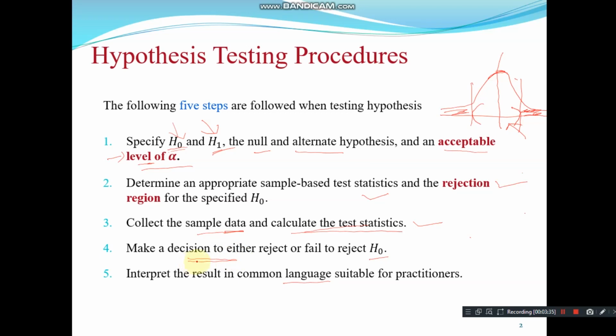Next we make a decision regarding the obtained value, accordingly we reject or fail to reject the null hypothesis, and once we conclude this we link it to our main problem. So these are the main steps.